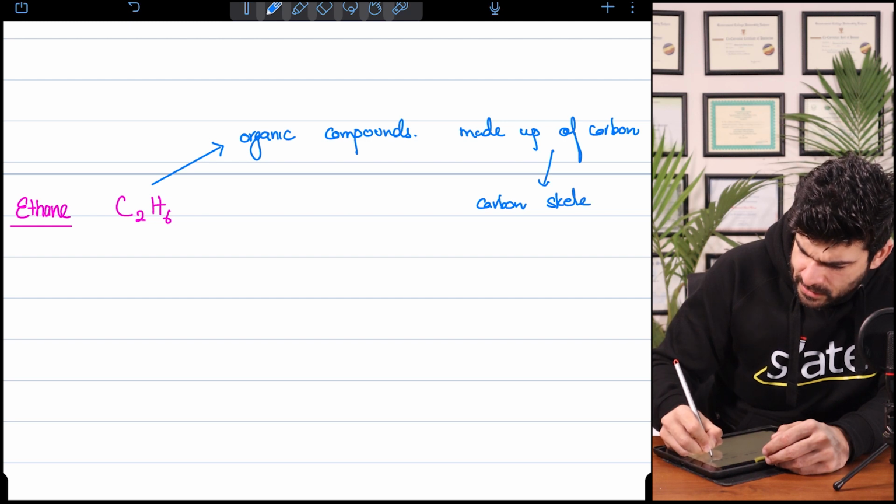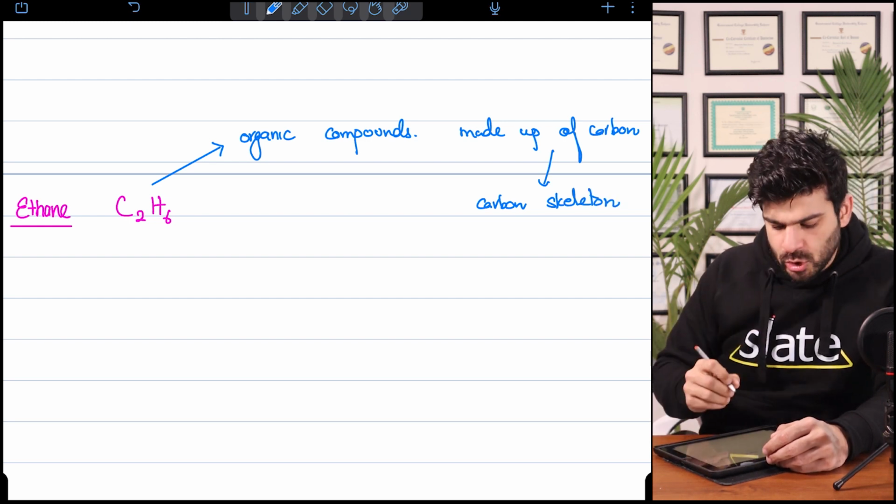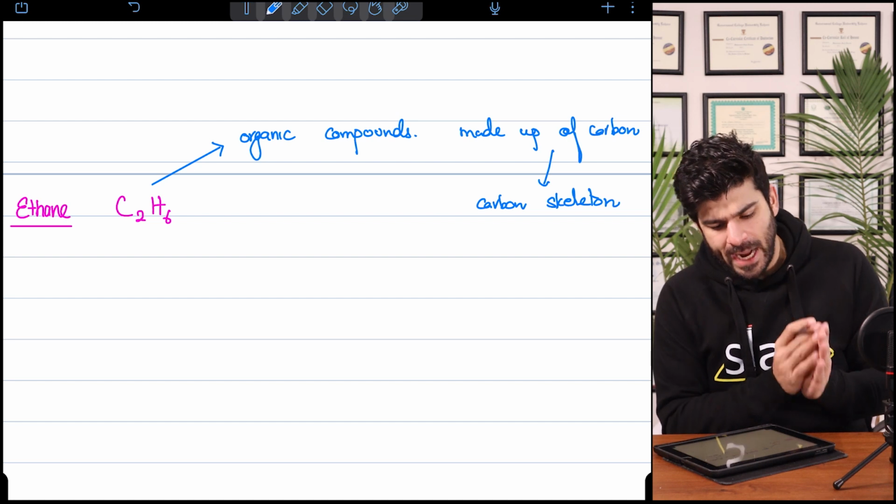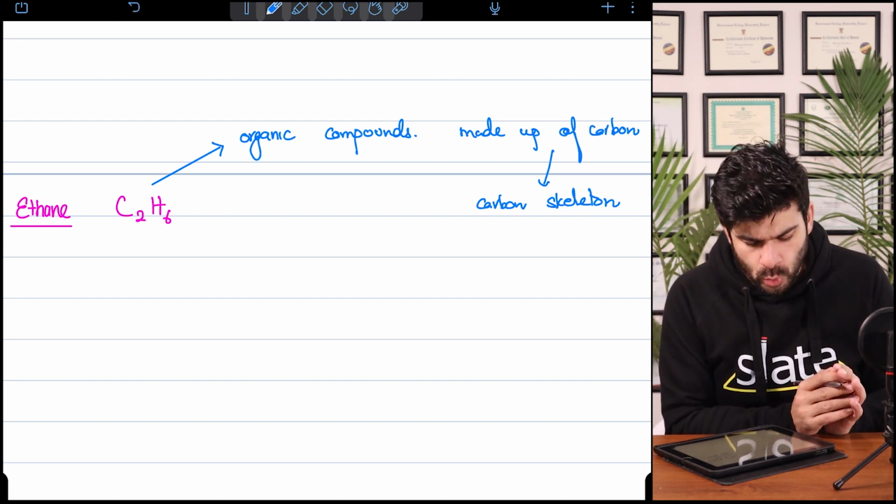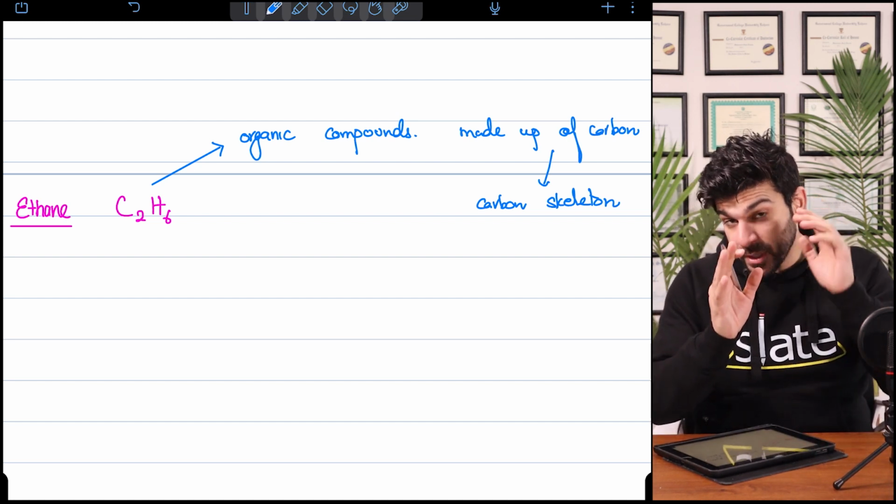This we will be discussing in organic chemistry. So whenever you're talking about an organic compound, what will you do? You will first make a carbon-carbon bond.